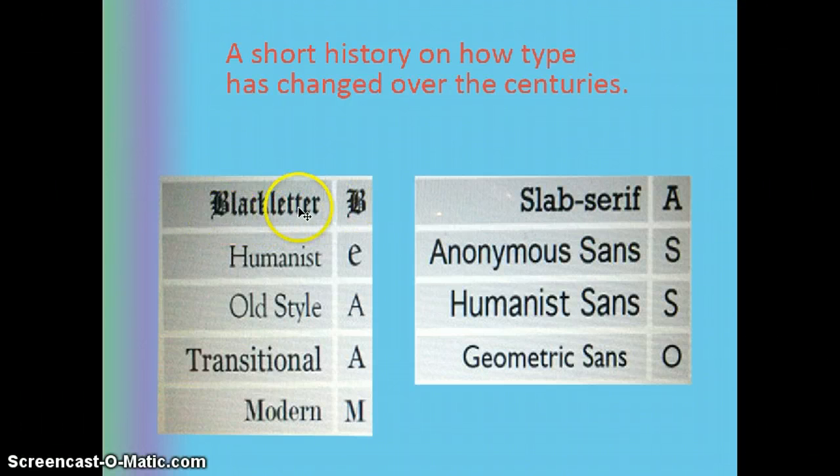This is handwritten type, and he was trying to copy from the Bible because he wanted to sell his printed Bible. So he was trying to copy the Bible's letters.